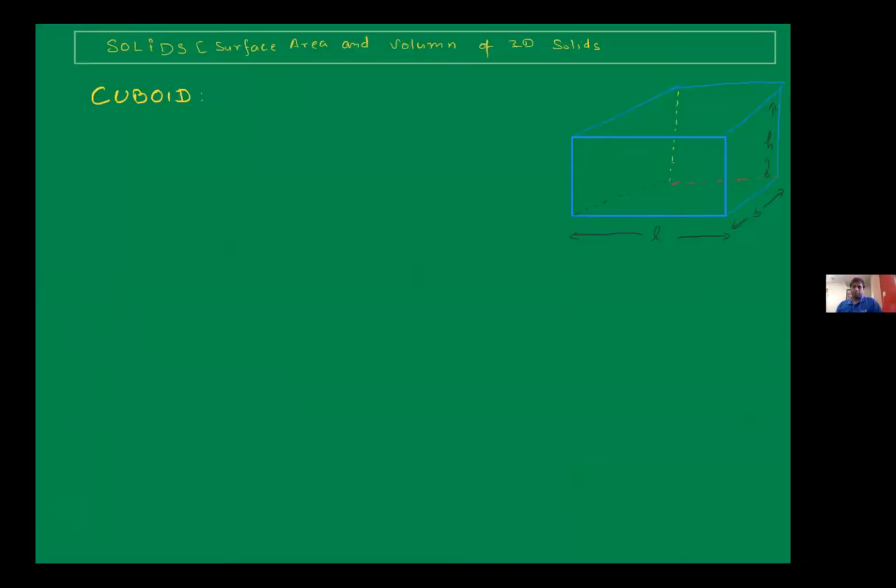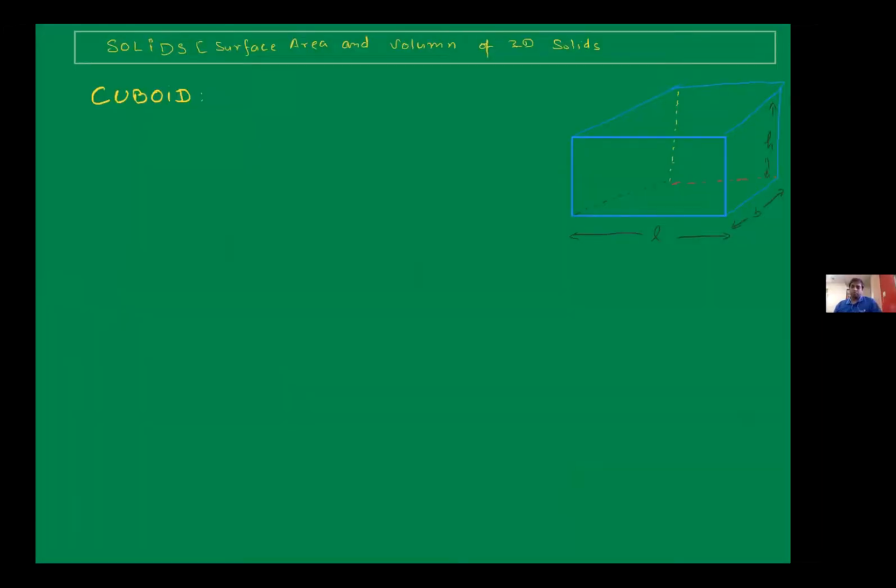For example, if I take a cube or cone or any other object, say a cube, the surface area is the sum of all the areas of all the sides of the cube. That is called the surface area of the cube.